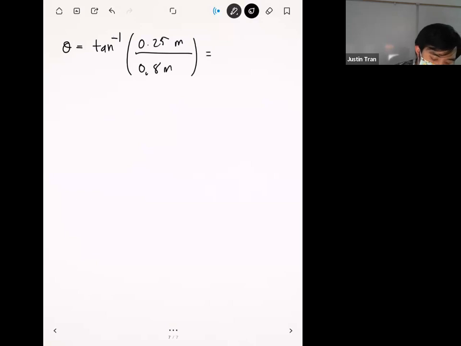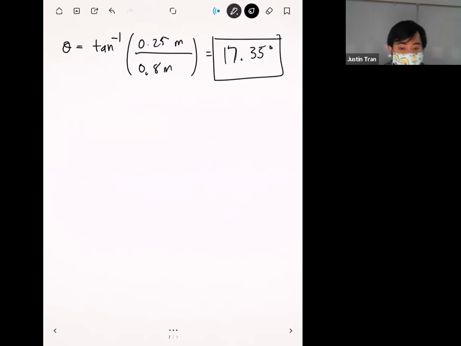We punch that into the calculator, and what we get is 17.35 degrees. Under normal circumstances, this person can rotate about 17.5 degrees before he starts to lose balance.